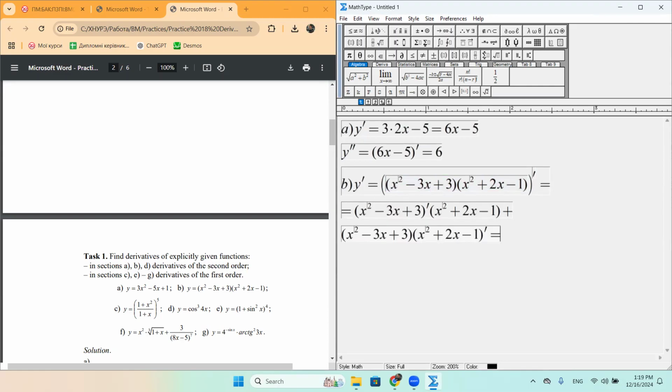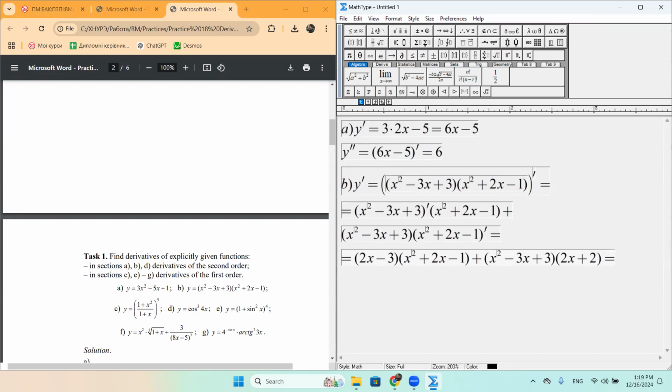So writing everything in detail, for the first addend, the derivative of this expression, 2x minus 3, multiplied by this expression, plus this expression multiplied by the following, 2x minus 2x plus 2.